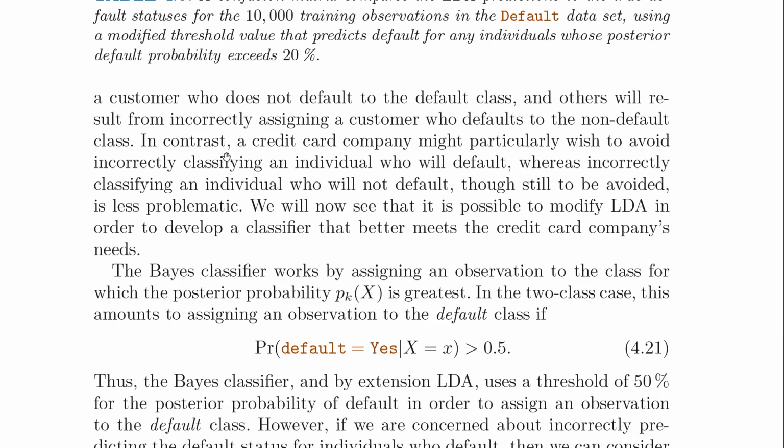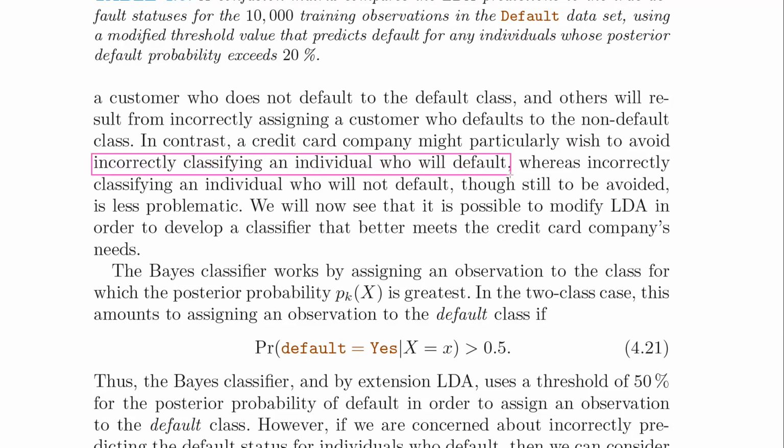In contrast to the way the model works, a credit card company, as you would expect, might particularly wish to avoid incorrectly classifying an individual who will default. These are the real dangerous ones, right? It doesn't matter maybe if someone had a very good risk profile and you decline to lend them any money.